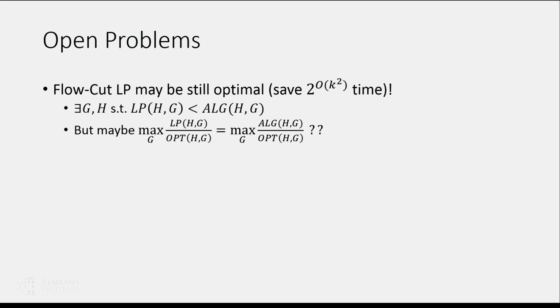If you fix both the supply graph and the demand graph, there's an example where the LP does strictly worse. But we are interested in the worst possible gap for fixed H. So it's still possible that for every H, if you fix H and take the maximum gap, they may be the same. So it's a very immediate open problem.